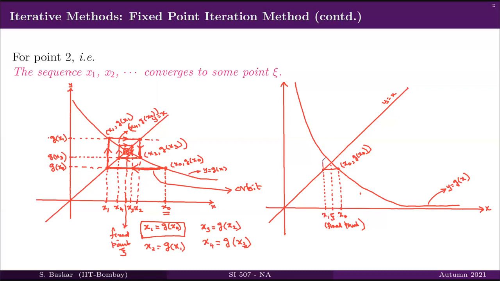Again, once you get x1, you should locate the point x1 comma g of x1 on the graph of the function g of x. Don't forget to put the arrows that define the orbit actually.